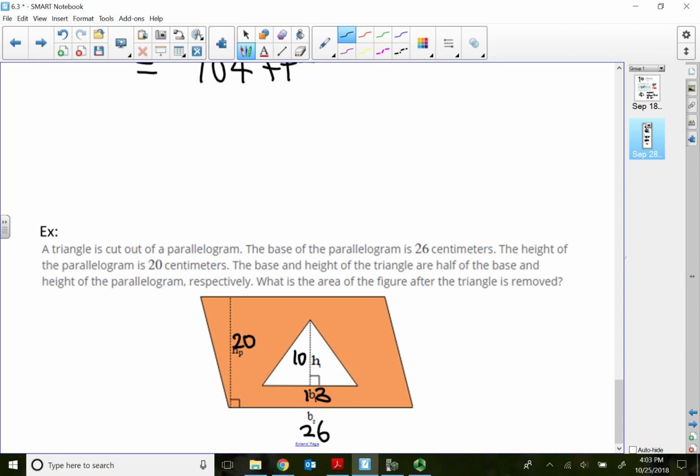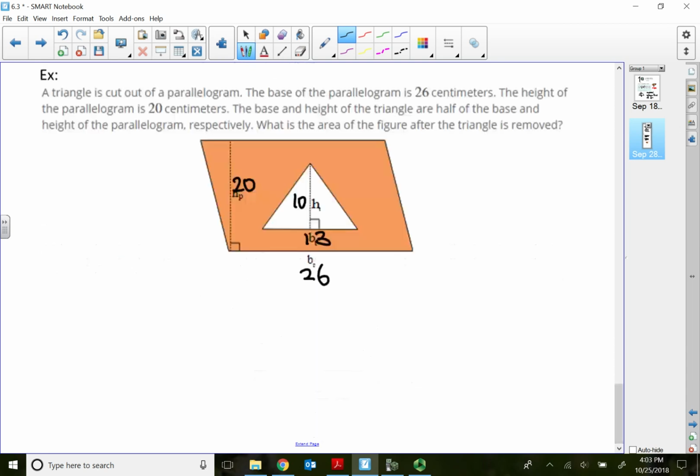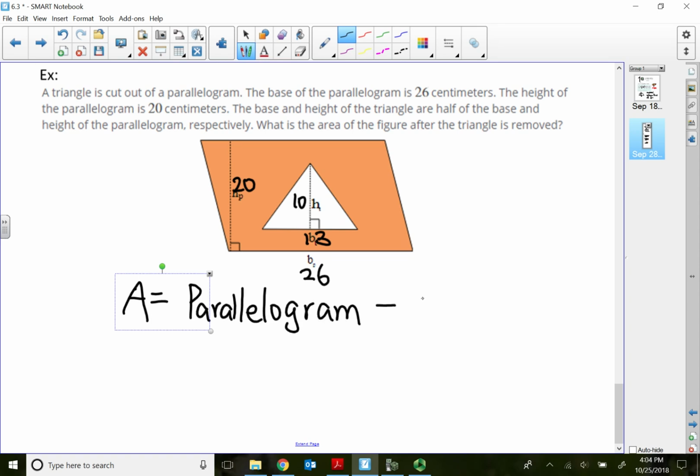Respectively, what's the area of the figure after the triangle is removed? So that means I'm going to cut out this triangle hole again. The area of my composite figure is going to be a parallelogram minus the area of a triangle.